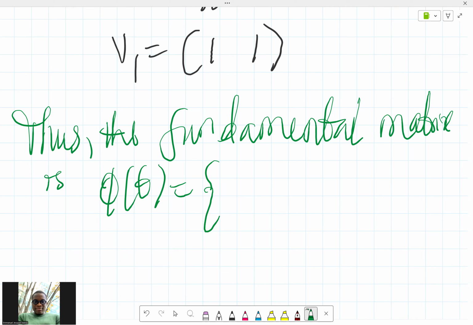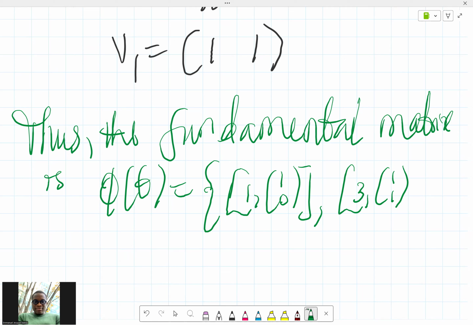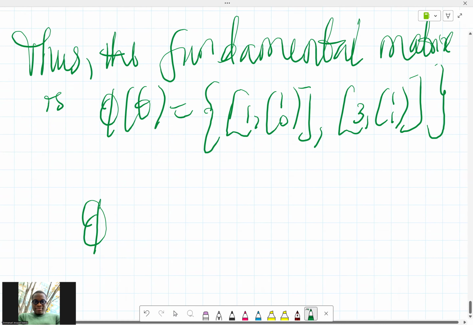Okay, let's do it this way. So for the first one, we have the eigenvalue was 1 and the eigenvectors 1, 0. Then the second one we have eigenvalue 3 and the eigenvectors 1, 1. Okay, something like this. So it's connected with this basically.